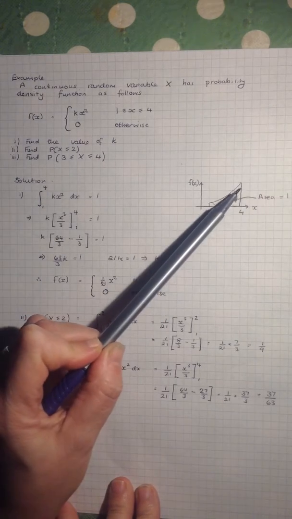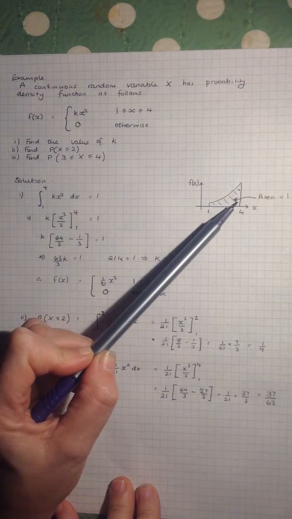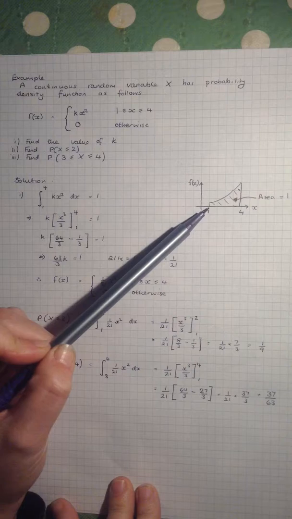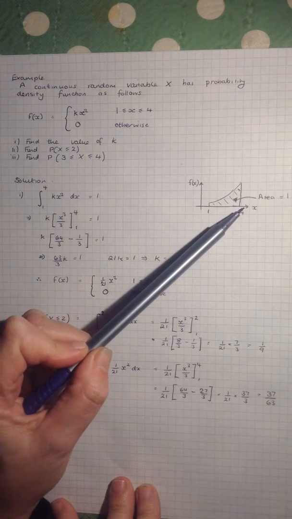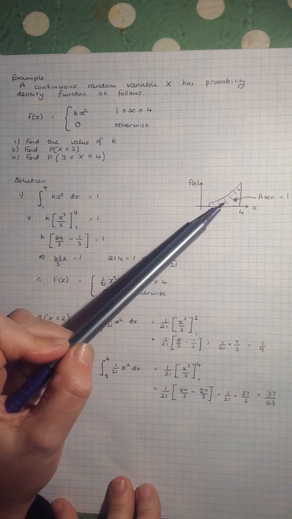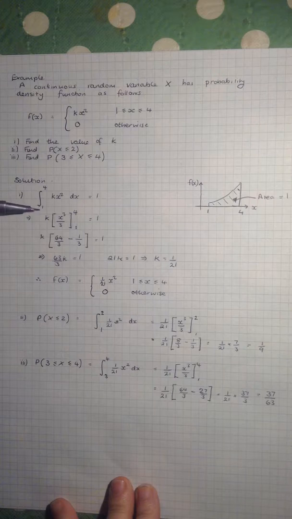We know that the area under the whole graph, because that's the total probability, must equal 1. So if we integrate our function between the limits of 1 and 4, that answer has to be 1. So the integral of kx squared dx between 1 and 4 must equal 1.